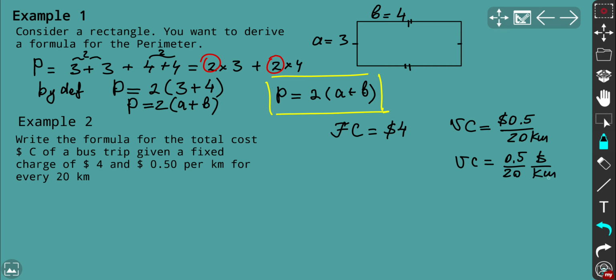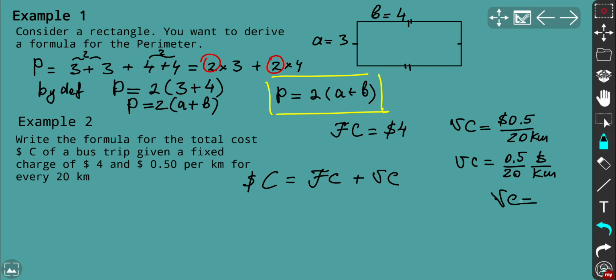All right. So clear, I hope. Okay. So that's why the total cost in dollars is going to be fixed cost. So in this case, it's $4, and we add variable cost per every 20 kilometers, which is actually 0.5 over 20, but we can calculate that variable cost in this case.